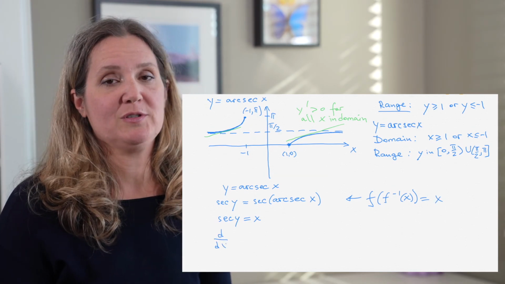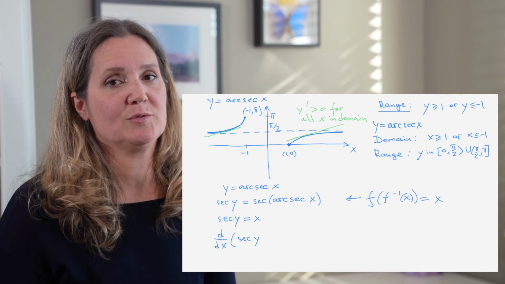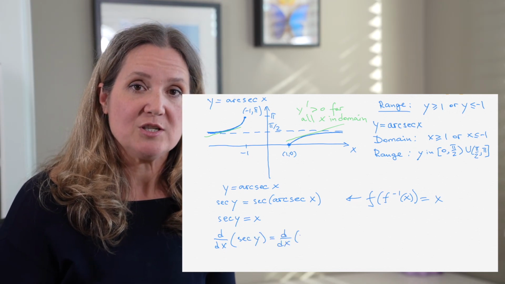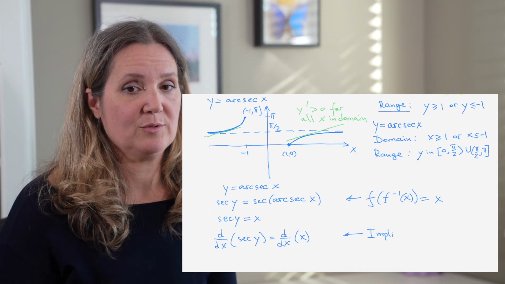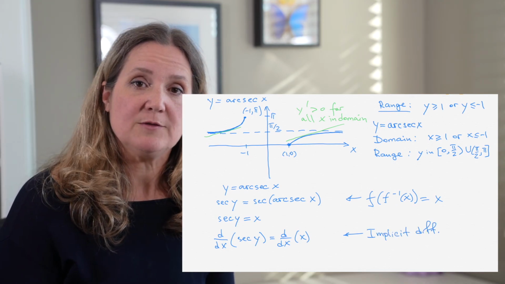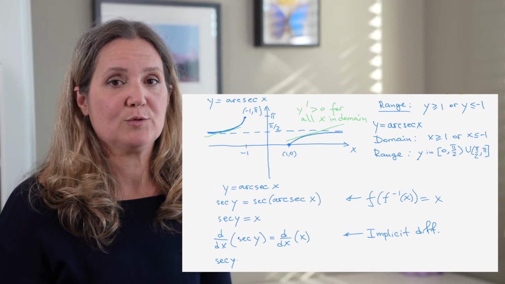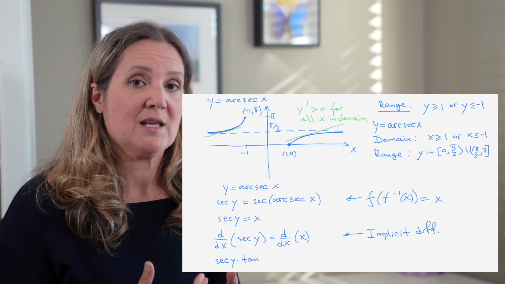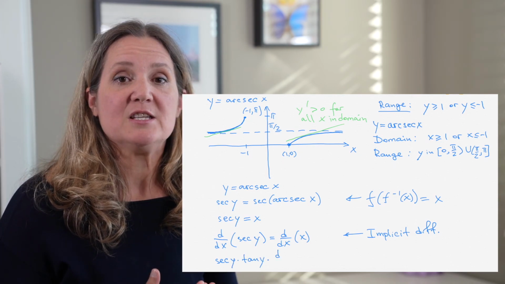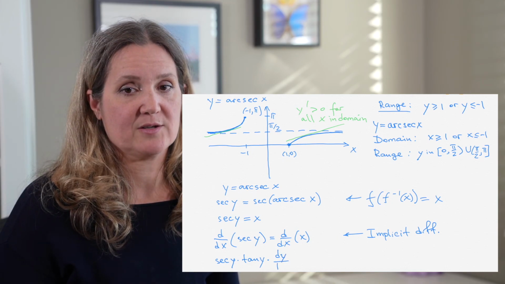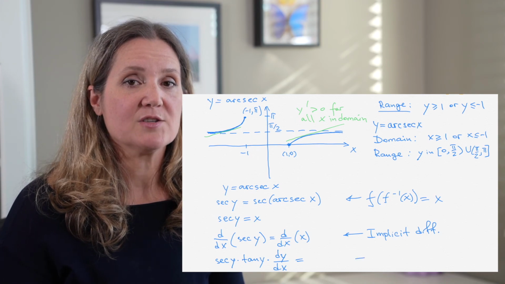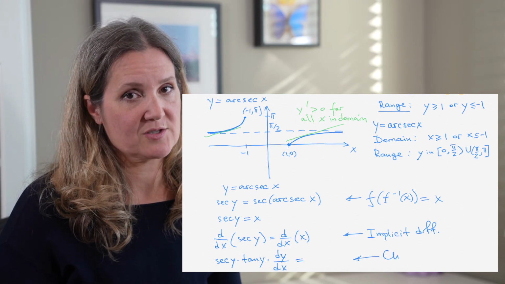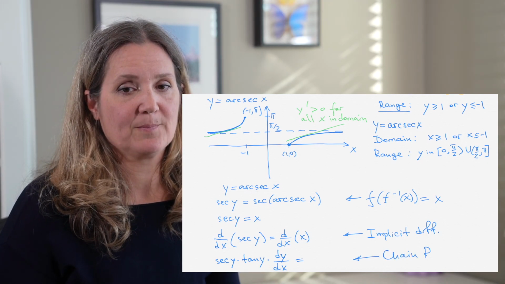And we know how to differentiate secant, and we know how to differentiate x. We just need to be very careful, use implicit differentiation and the chain rule. So, derivative of secant of y is equal to secant of y times tangent of y times derivative of y with respect to x. This is equal to derivative of x with respect to x, which is just 1.